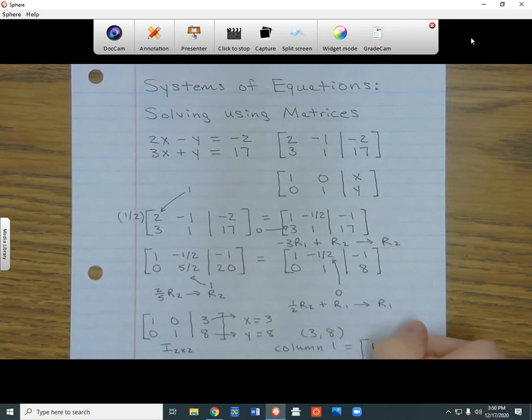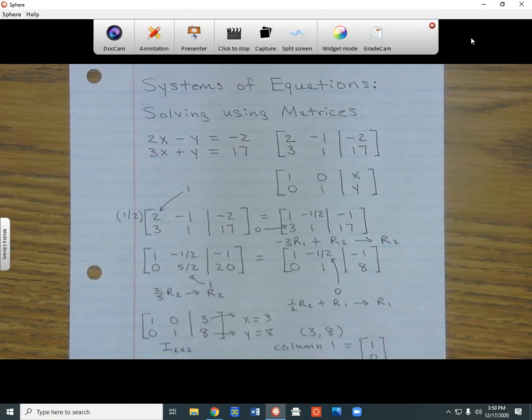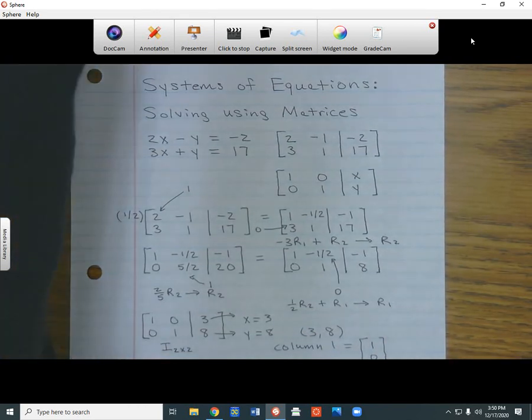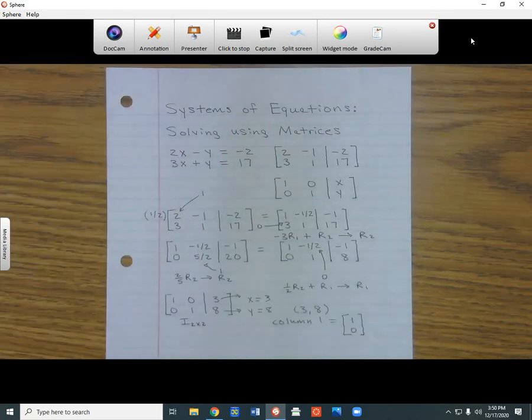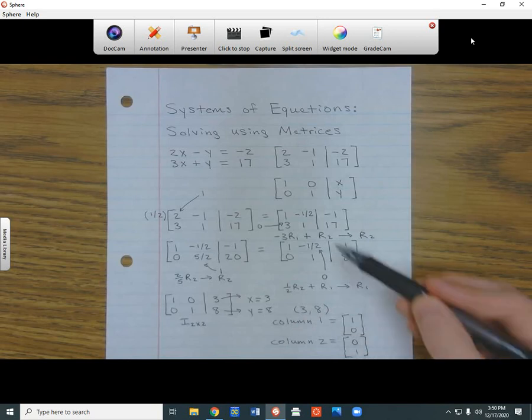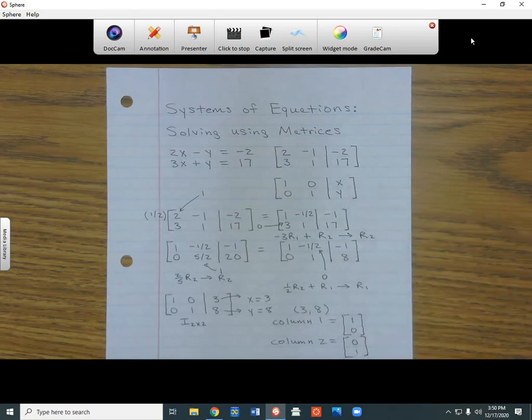And then I want to take column 2 and make that into 0, 1. So column 2 has to be changed into 0, 1. And then the third column, the x, y over here, that's going to be the solution to my system. So I hope that helps.